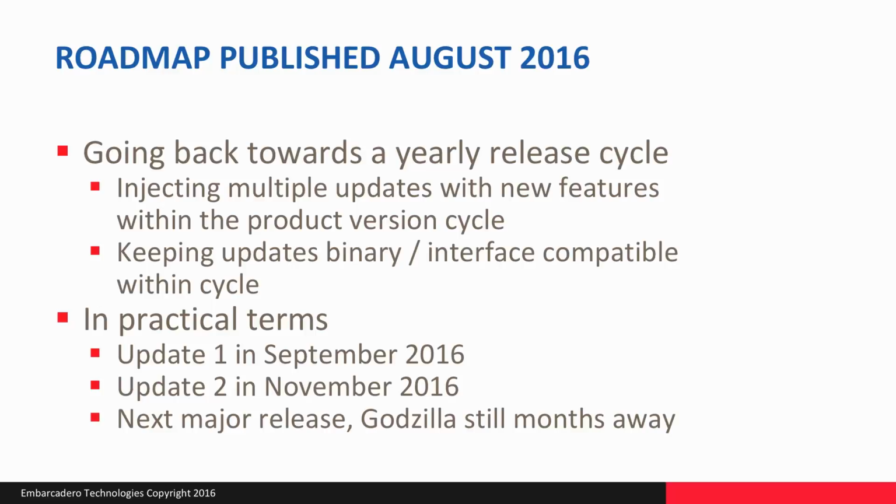They will include major new features. The updates, however, will remain binary and interface compatible within the cycle. In practical terms, the result of this is that we saw Update 1 for Berlin in September, Update 2 today in November, and the next major release, Godzilla, is still a few months away.